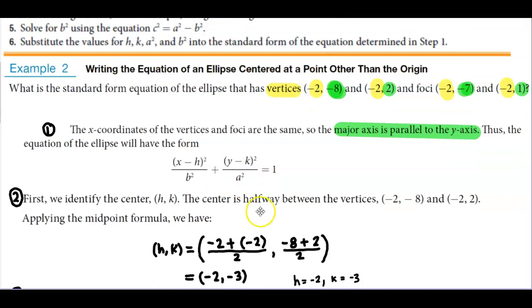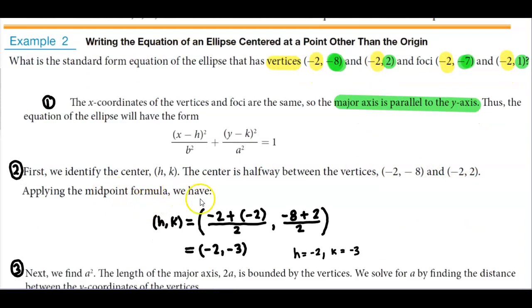So now what we have to do is identify the center, which is h, k. In order to do that, the center is halfway between the two vertices. The first vertex is (-2, -8), and the second vertex is (-2, 2). So we have to apply the midpoint formula to find h and k.